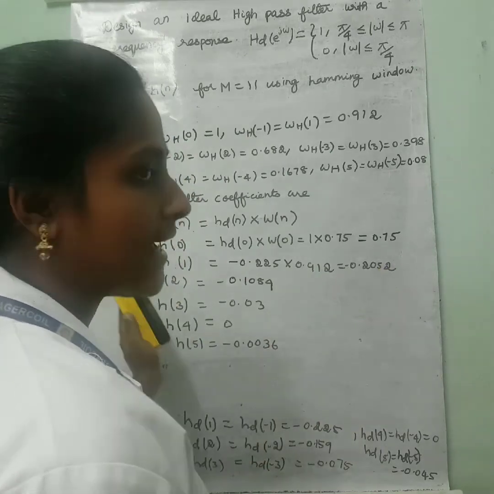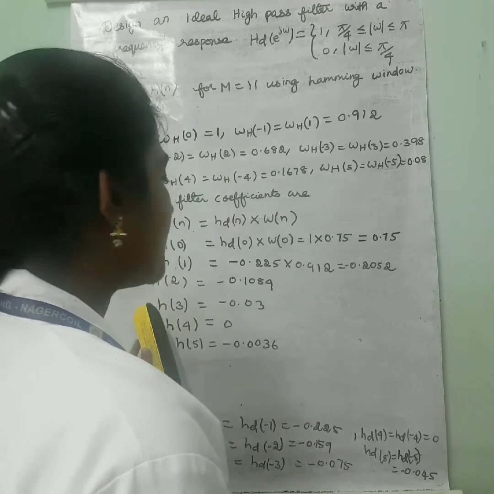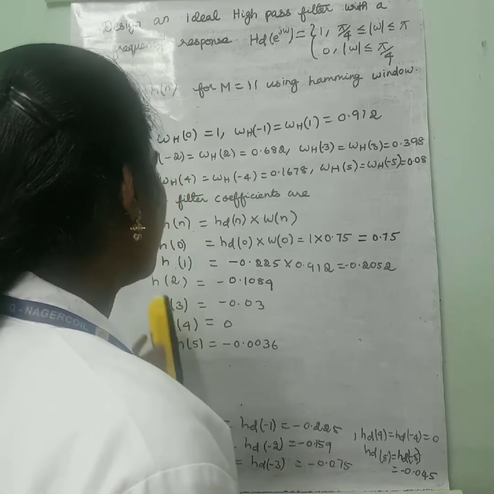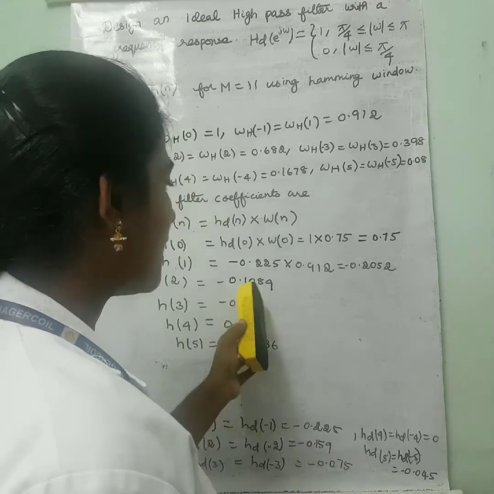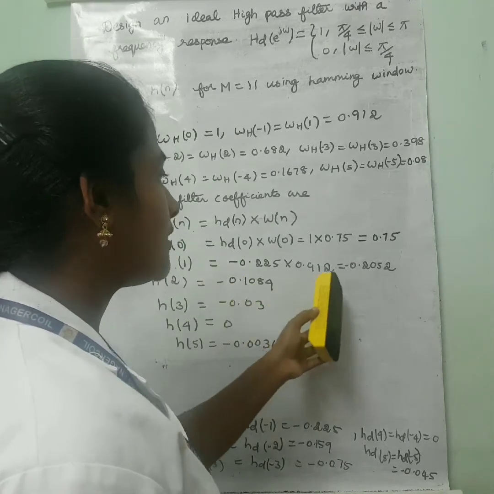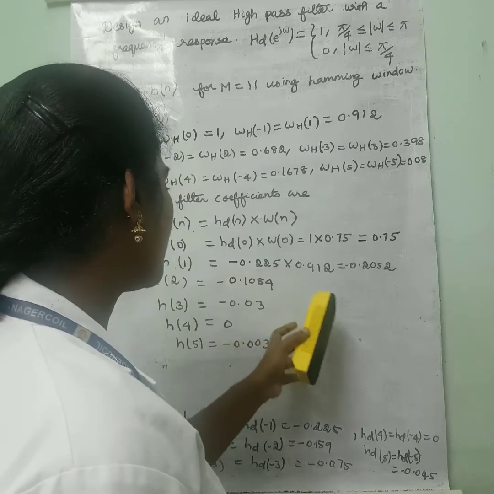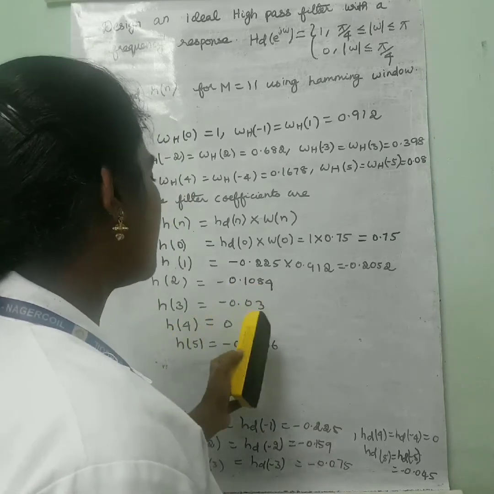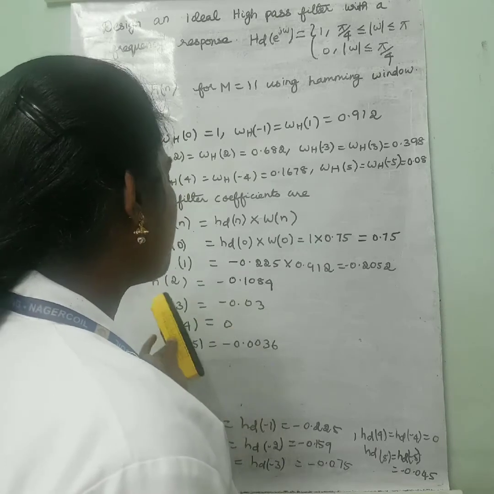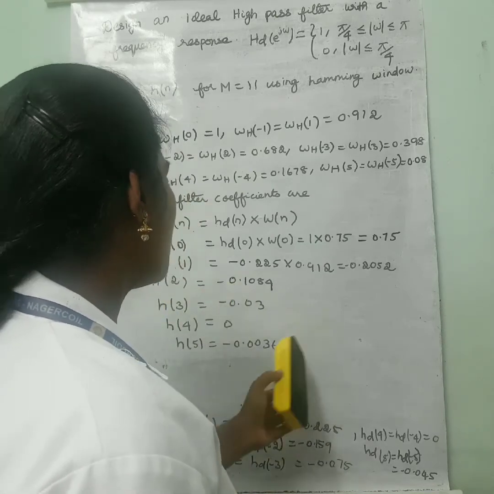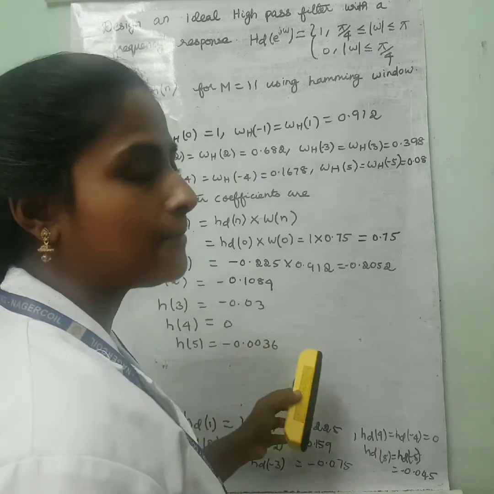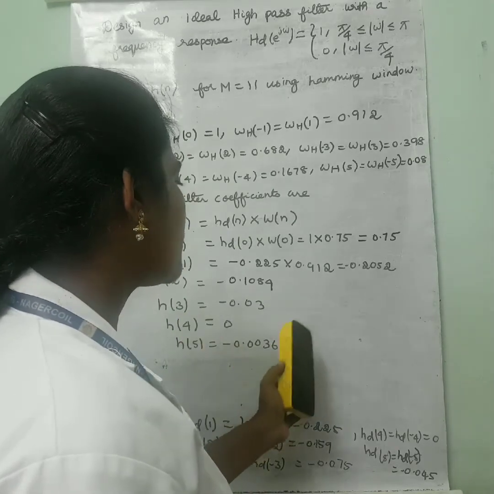Similarly, we have found h of 2, h of 3, h of 4, h of 5. h of 2 is found by multiplying hd of 2 into w of 2. h of 3 is found by multiplying hd of 3 into w of 3. h of 4 is found by multiplying hd of 4 into w of 4. h of 5 is found by multiplying hd of 5 into w of 5.